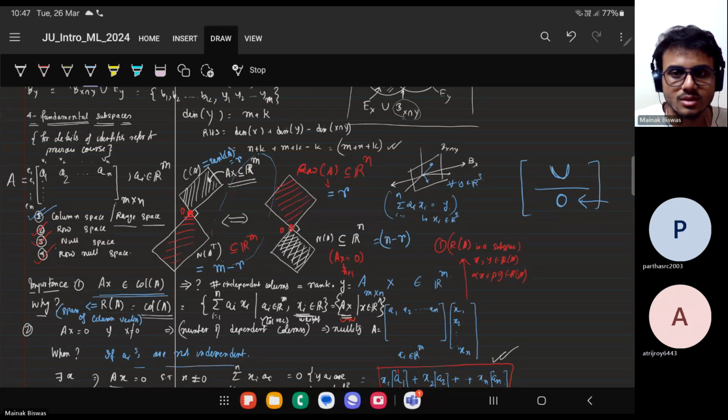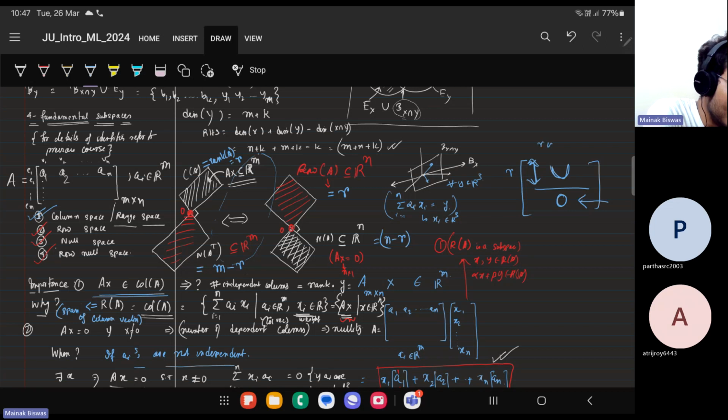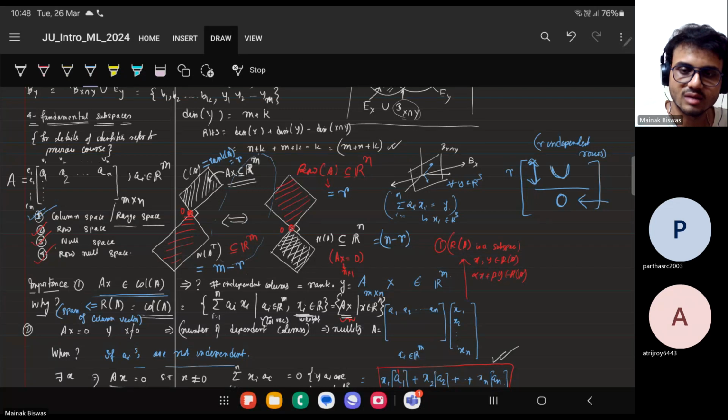Correct. And we had R rows, right? Yes or no? So there are R independent rows, yes or no? So what is the rank of the row space? Tell me. Rank is R. Good.